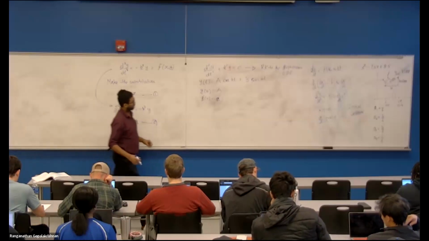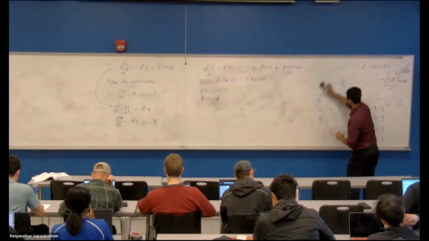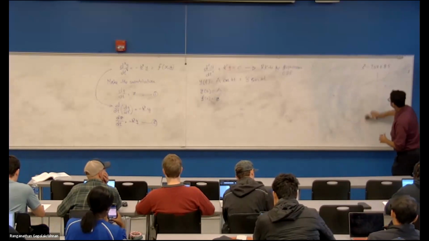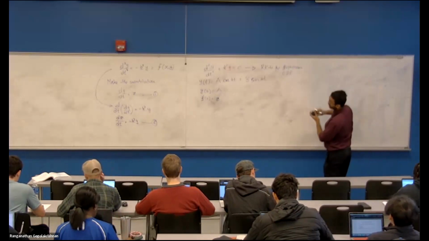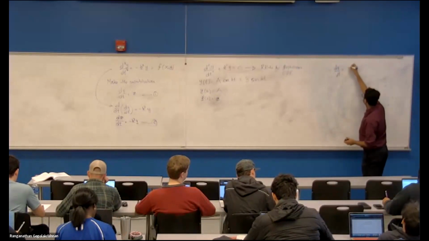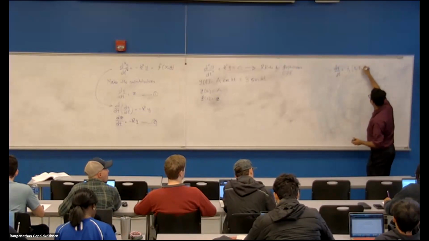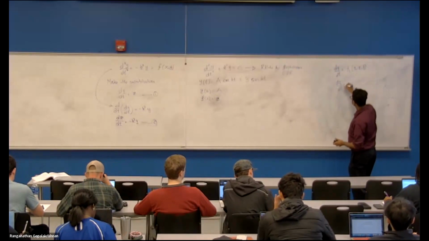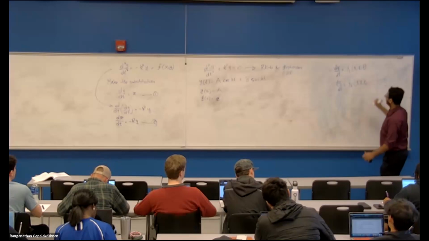How do we solve? So I have my first equation, dy by dt equal to a function f1 which depends on y, z and time. And then dz over dt is a second function f2 which depends on y, z and time.